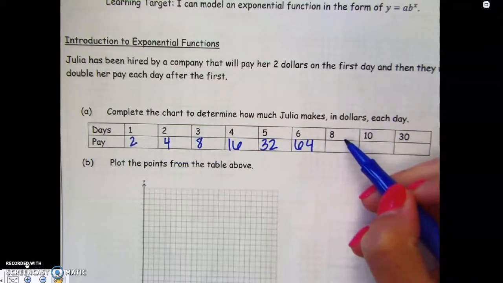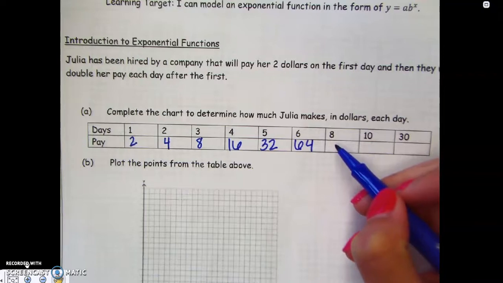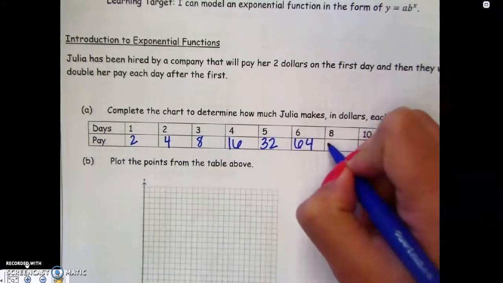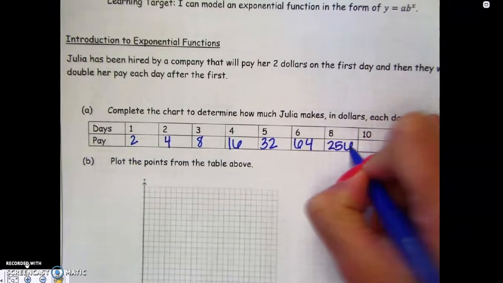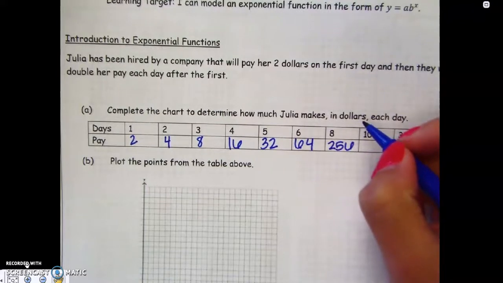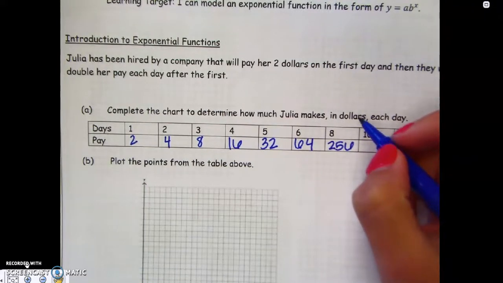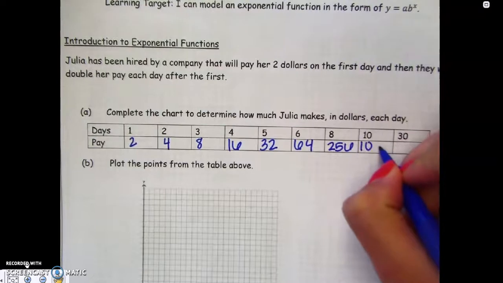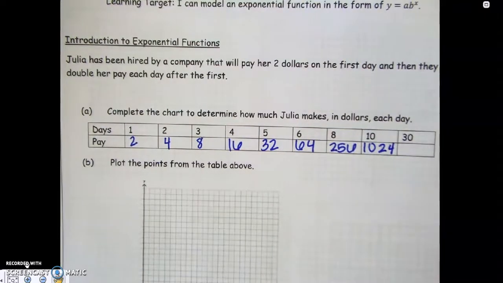So I'm going to do 64 times 2, which is 128, and then times 2 again, that's 256. And then times 2, that will be 9 days, and times 2 will be 1,024. So by the 10th day, she's making $1,000 a day, which is pretty good.